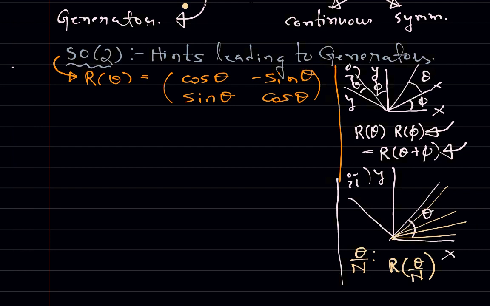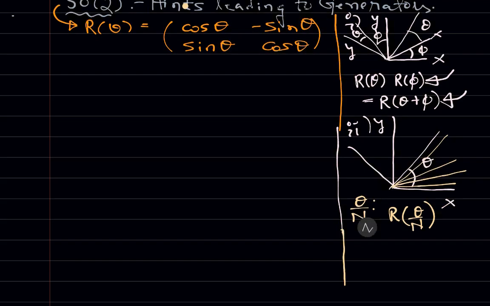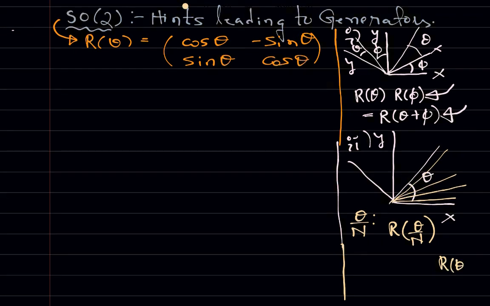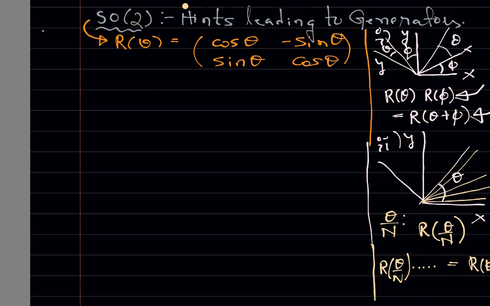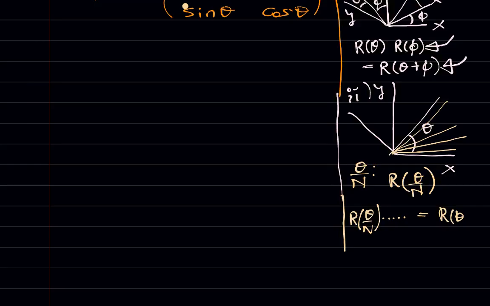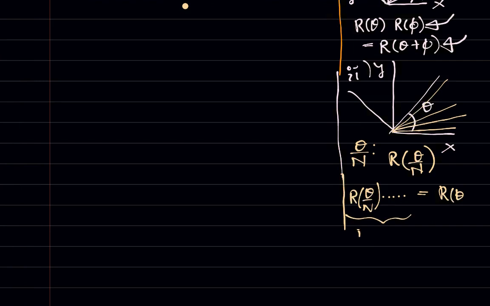So of course, how many times should I apply this R theta by n so that I receive R of theta? Well, you have to multiply them n times. So when you multiply them n times, the angle will get added n times: theta by n plus dot dot dot plus theta by n, and then you'll get theta.